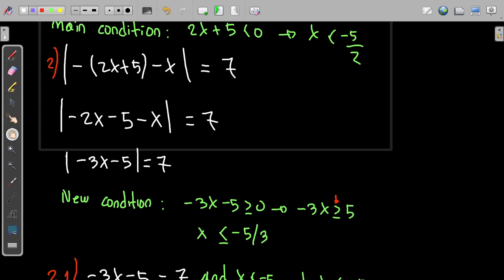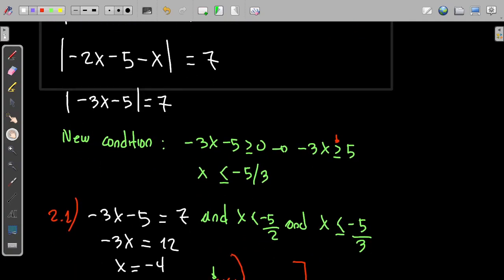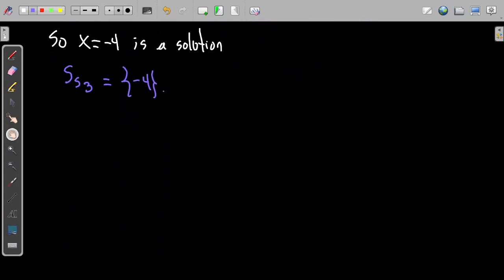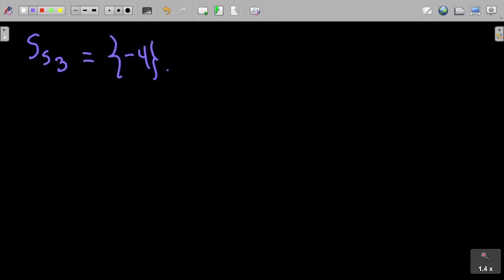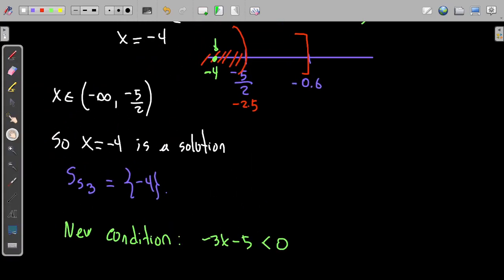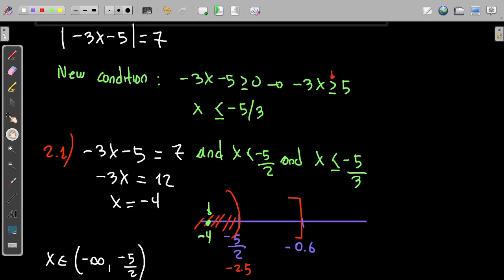Now we need to put the equation 2.2 with the condition when negative 3x minus 5 is less than 0. That is my last condition. So negative 3 times x minus 5 is less than 0. Now I need to take the opposite of negative 3x minus 5.